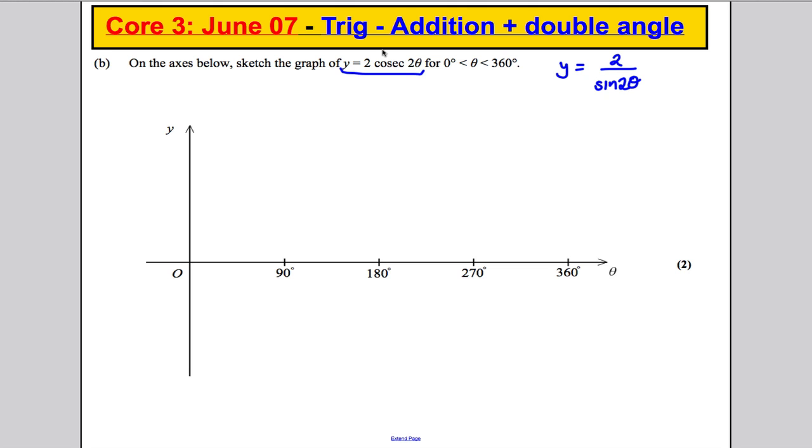Now, firstly, in order to get my head around this, I would just draw the graph of y is equal to cosec of theta. That's the graph of y is 1 over sine theta, before I try and do this. Now, I know that sine theta looks as follows.